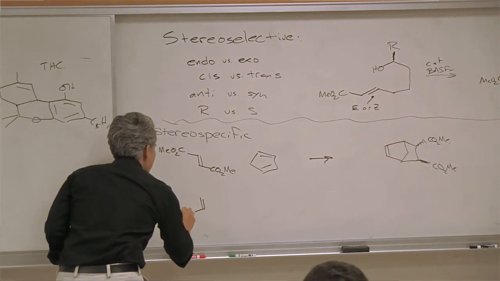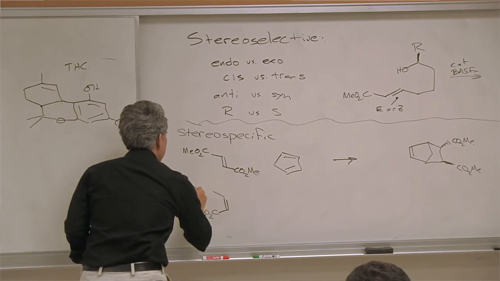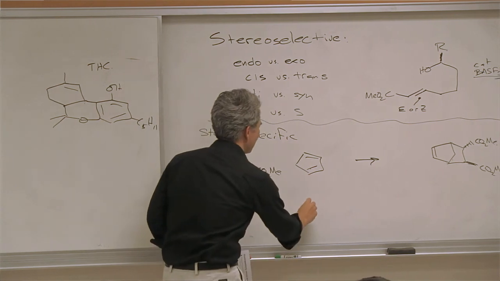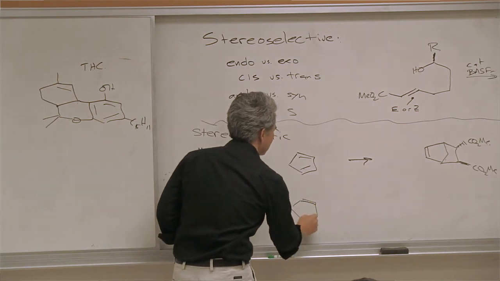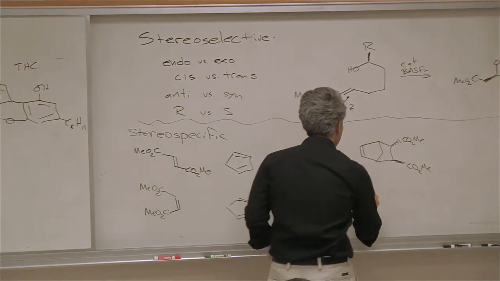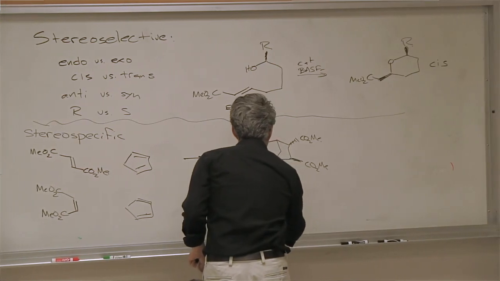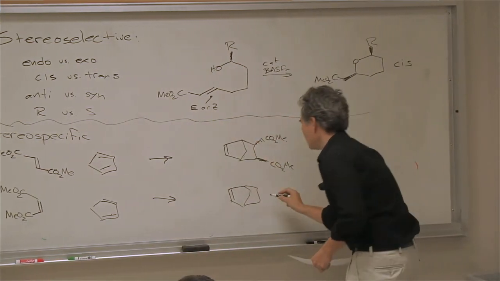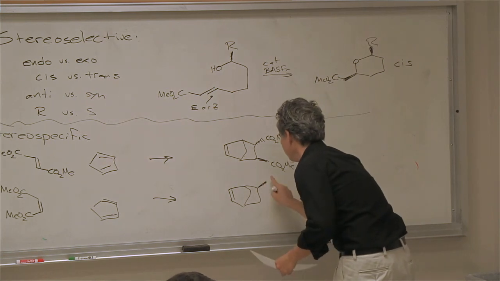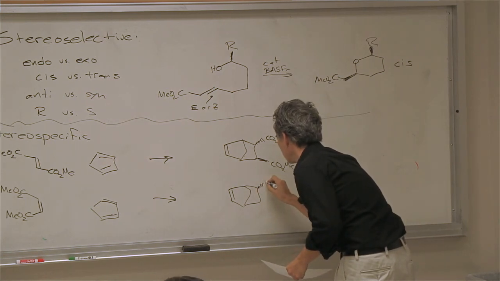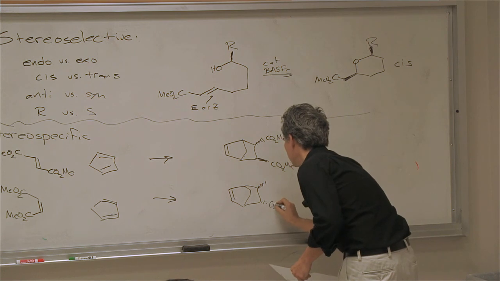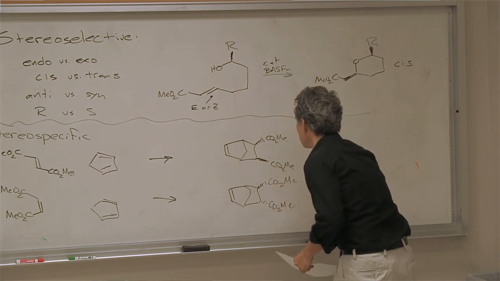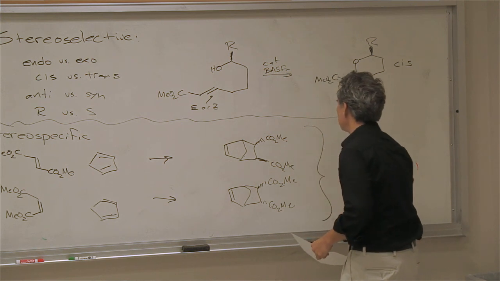The only way that you can make the statement that this is stereospecific is by testing both of these different stereoisomers of the dienophile. In other words, until you show that the other isomer of fumarate, called maleate, dimethyl maleate, gives you the cis relationship, until you do both of those reactions, there's no way for you to say that this is stereospecific.